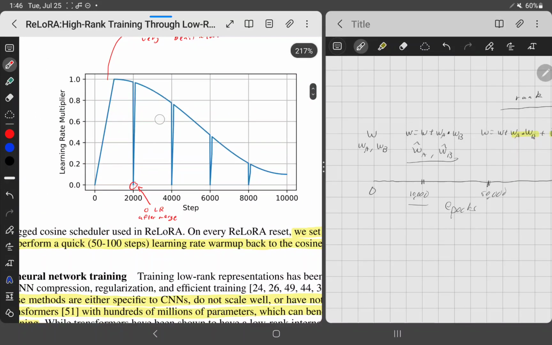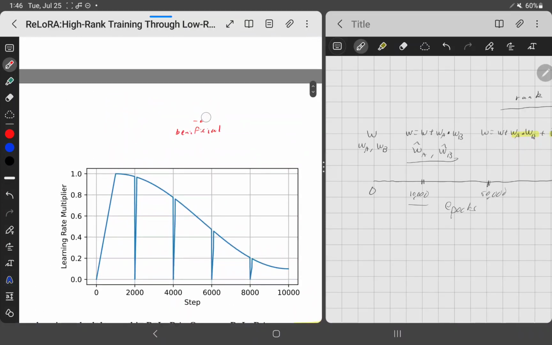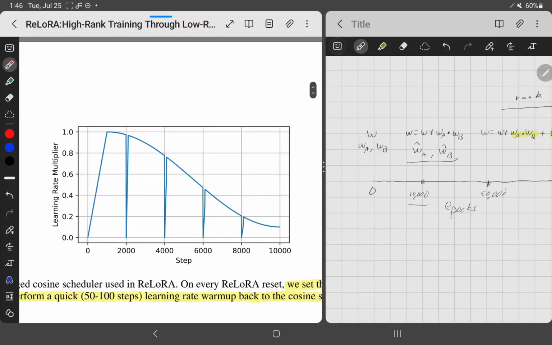Then they have a warm-up, so we can see here. Let me erase this. So this is your initialization. This is your initial warm-up. And you can see once it gets to this point, this is their reinitialization. So at this point, they drop the learning rate down to 0. Now the learning rate is down to 0, and then they add their new LoRA matrices, WA and WB.